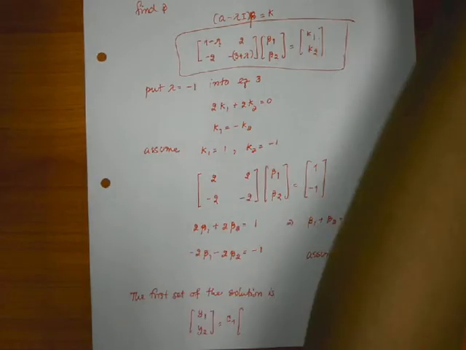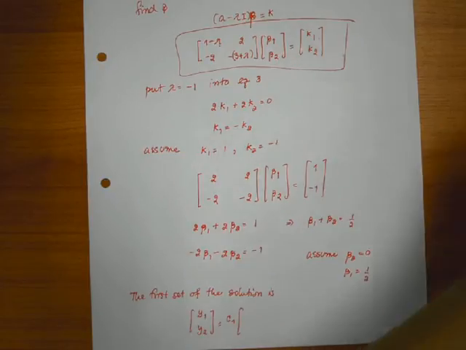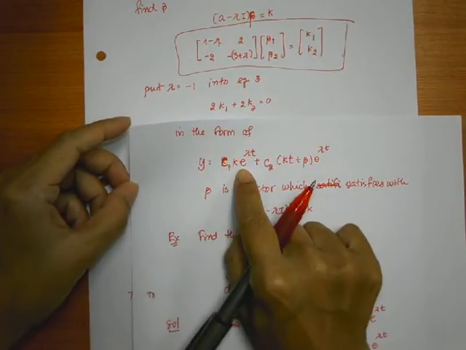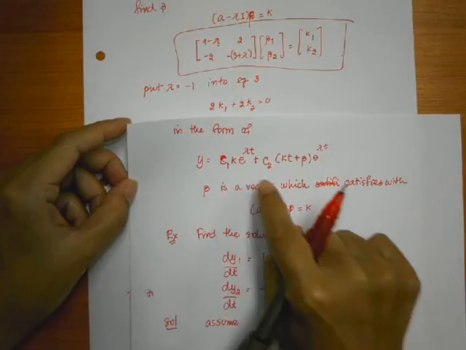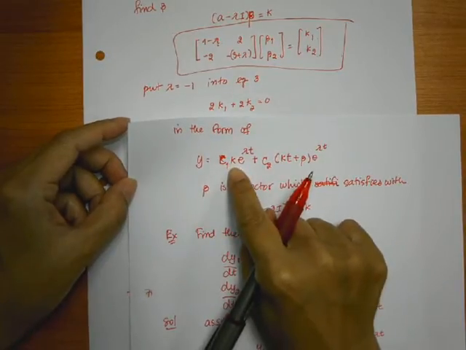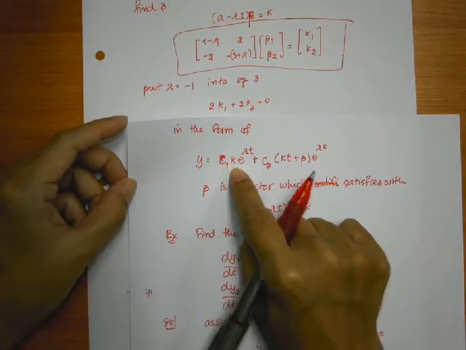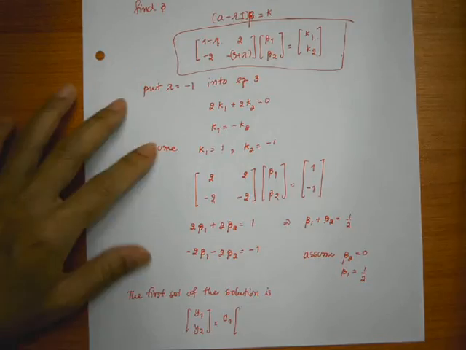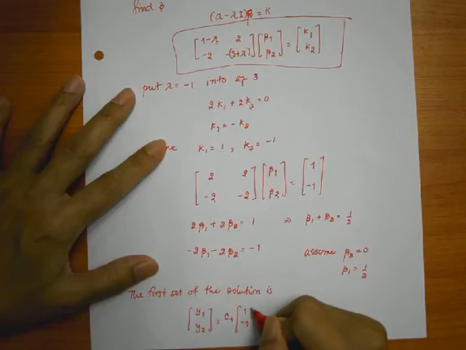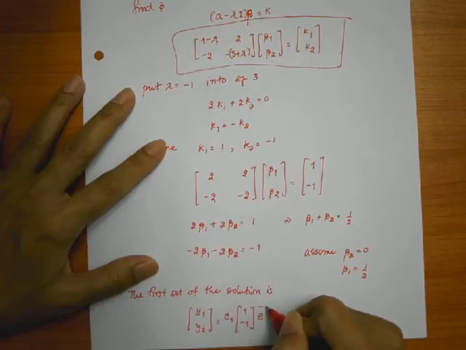If you remember here, we have k, which is k1 and k2. Our k1 is equal to 1 and our k2 is equal to minus 1. So the first set we get is 1, minus 1, times exponential of minus t.